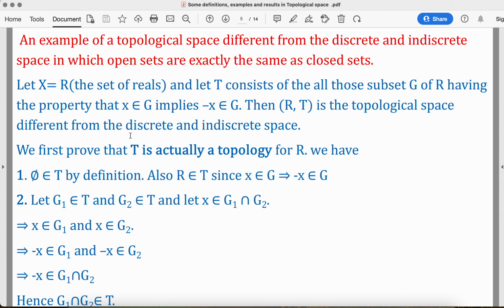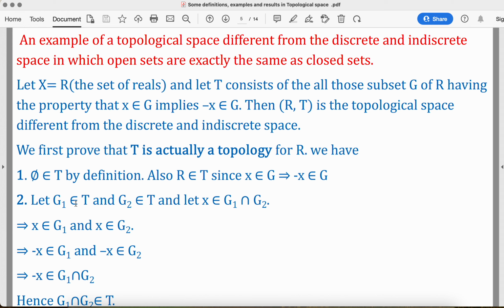It is clear that phi belongs to T. Also, by definition, we have supposed that if x belongs to G, then minus x also belongs to G. It means R belongs to T, because if any real number belongs to R, then its negative, minus x, also belongs to R. So phi belongs to T, R belongs to T. So the first condition is satisfied.